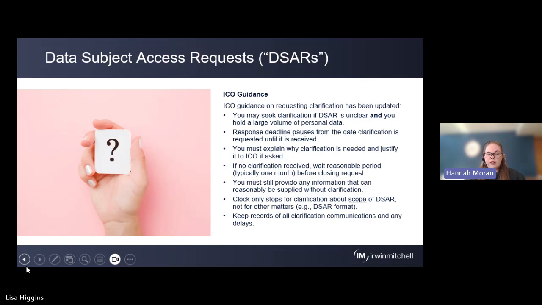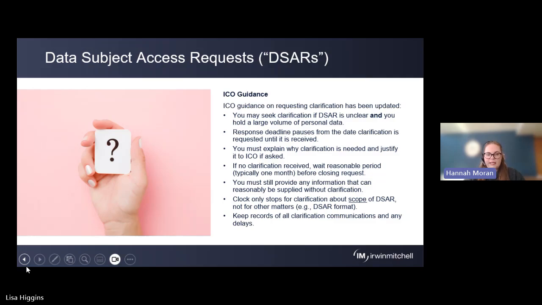The clock will only stop for clarification about the scope of a DSAR, not if you need clarification on anything else. For example, the format of the personal data that you send in, or how to send it, where to send it, something like that. And we'd always suggest that you keep records of all communications around clarification and any delays with providing that, just in case a complaint is made and you need to respond to that.